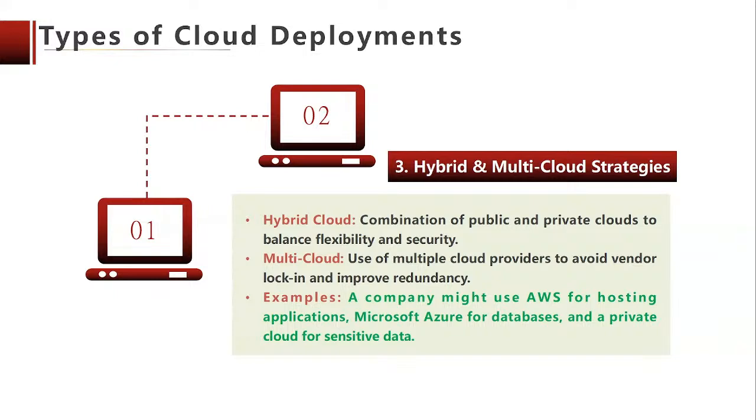So there will be no data loss in such cases. An example could be a company using AWS for hosting applications, Microsoft Azure for databases, and a private cloud for sensitive data. This way, hybrid and multi-cloud strategies can be implemented when you are going to deploy an infrastructure or organization on the cloud.